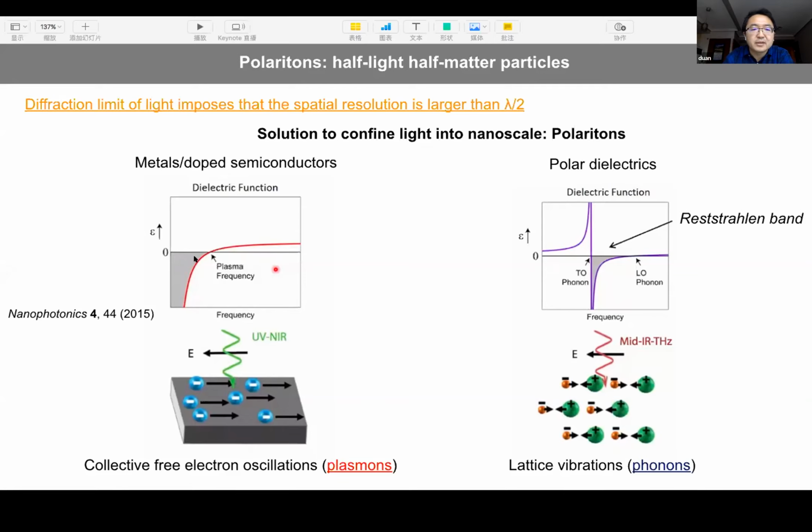If we observe the plasmon polariton, in this region the permittivity becomes negative. Similarly, in polar dielectrics, if we couple light to the optical phonon, we have negative permittivity in its reststrahlen band, and we observe the phonon polariton.